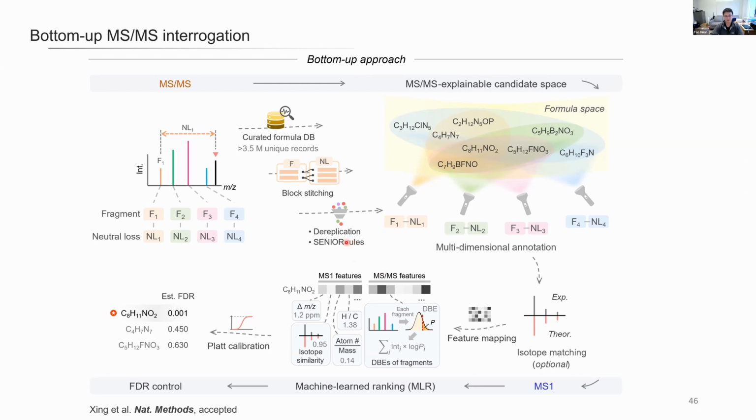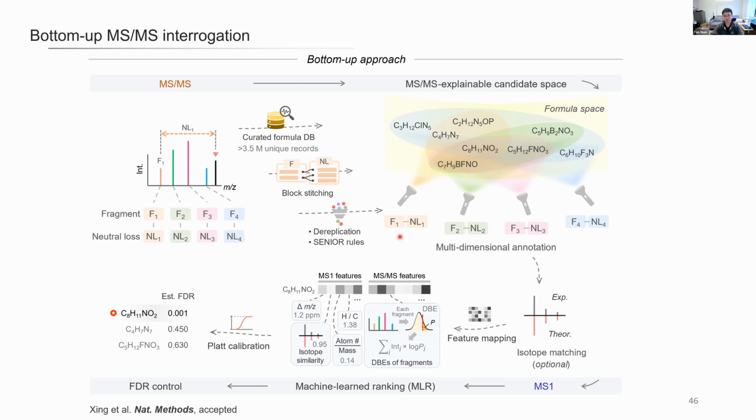Then we do dereplication, because some combinations might lead to the same molecular formula. We also apply rules to get rid of molecular formulas that are not likely to be true, for example too many oxygens or too few hydrogens, following the 7 Golden Rules established by Dr. Fiehn's group many years ago.